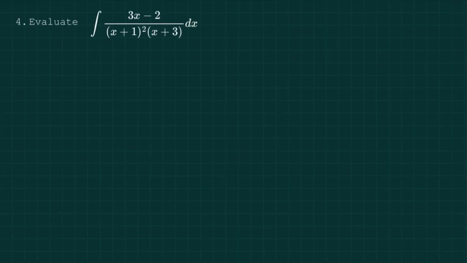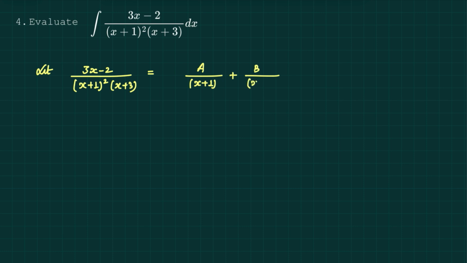Question 4. Evaluate the integral of (3x minus 2) over (x plus 1) whole square into (x plus 3). Here note that there is x plus 1 whole square. So in this type of function, we will assume the given function to be a by x plus 1 as the first term, and the second term we will assume the square of the same expression.